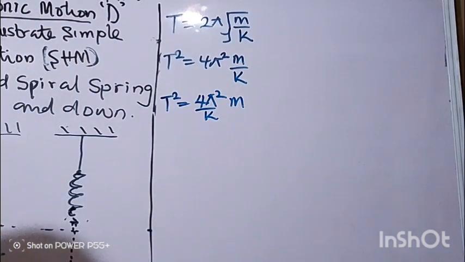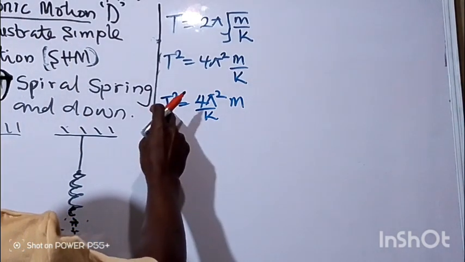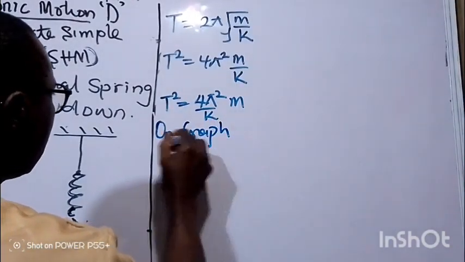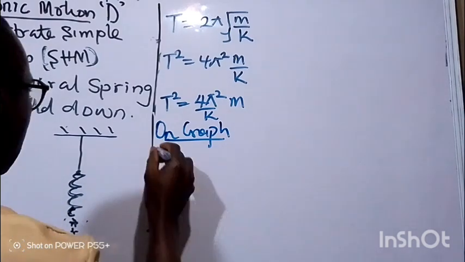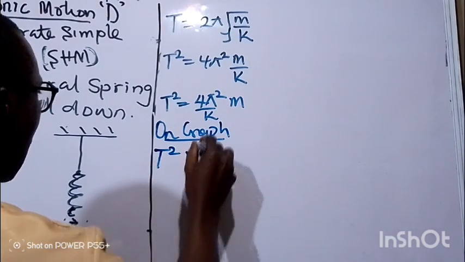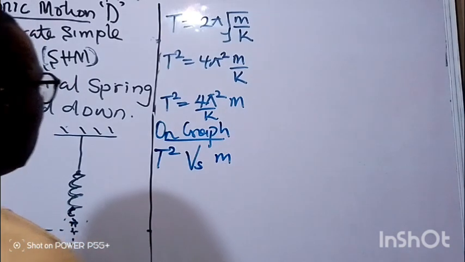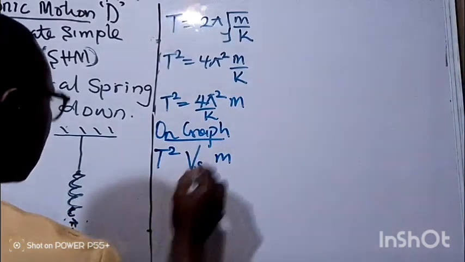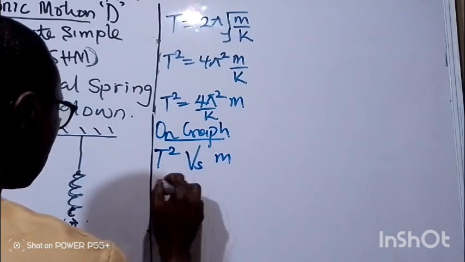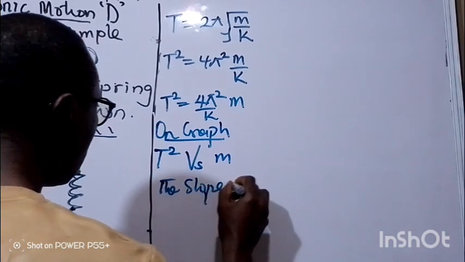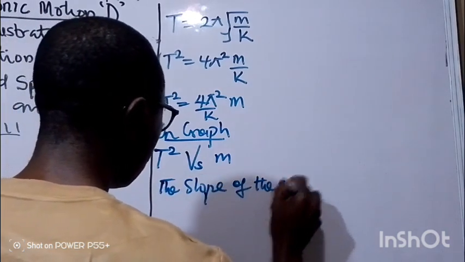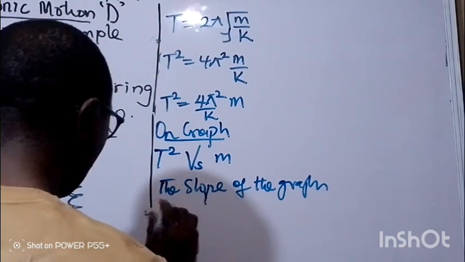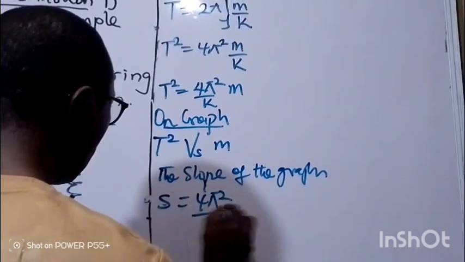Now, from what we are looking at, if a graph of T square is plotted against m, then we are going to have the slope of the graph, s, equal to 4 pi square over k.